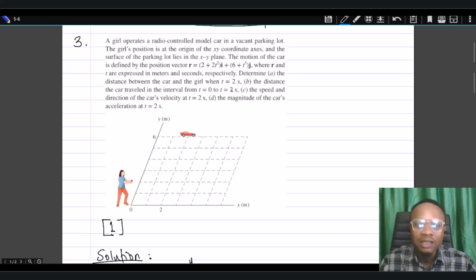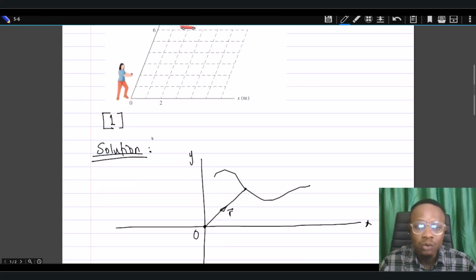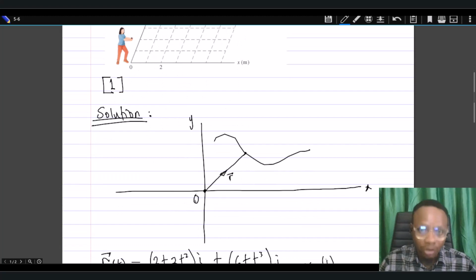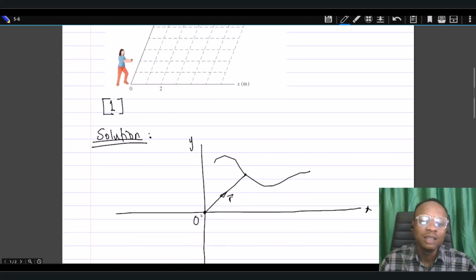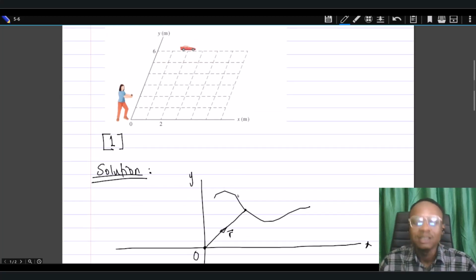So when it says here that we should find the distance between the car and the girl, we do know that the girl is at the origin. So the distance between the car and the girl is simply the distance of the line we draw from the origin to the location of the body. That is simply the modulus of r. Okay, so let me repeat that. Distance between a point and a point is simply the length of the straight line between them.